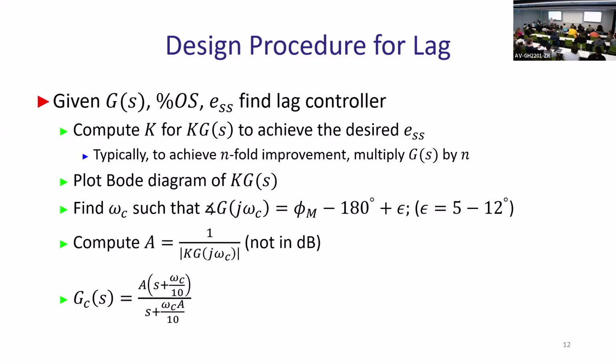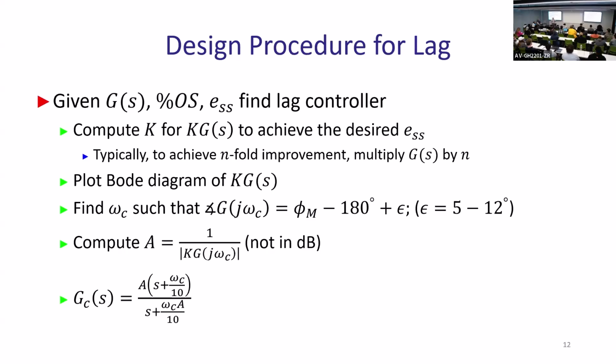Why? Because I don't want it to affect my phase margin. I picked my phase margin. I don't want that lag controller to affect anything in the later phase. So I'm picking it like 1 decade to the left. It could be more than 10, but don't pick it too far away because it will be too low in frequency.